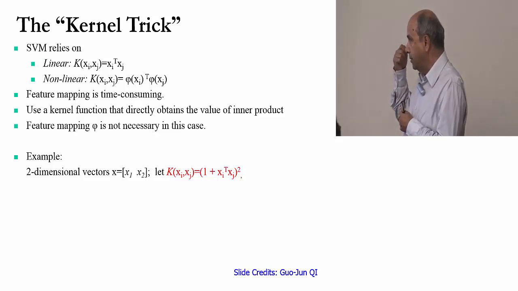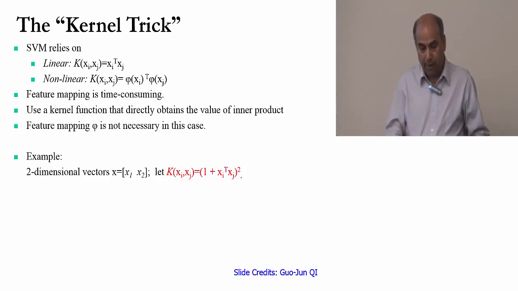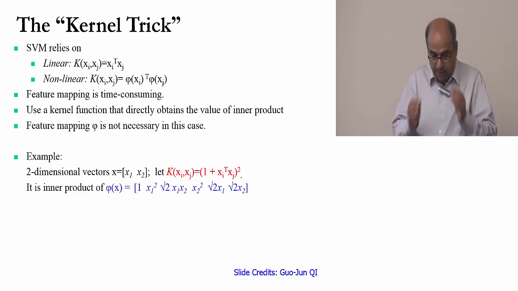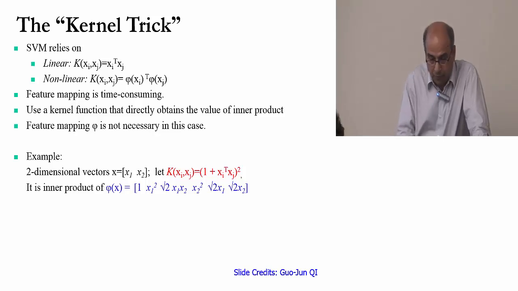There won't be a square, there won't be a 1. So that is one possible kernel, and the way it works is that if we apply this kernel, we are taking this vector x1, x2 and mapping it to this 6-dimensional vector. The first element is 1, the second element is x1 squared, the third is root 2 x1 x2, the fourth is x2 squared, the fifth is root 2 x1, and the sixth is root 2 x2.